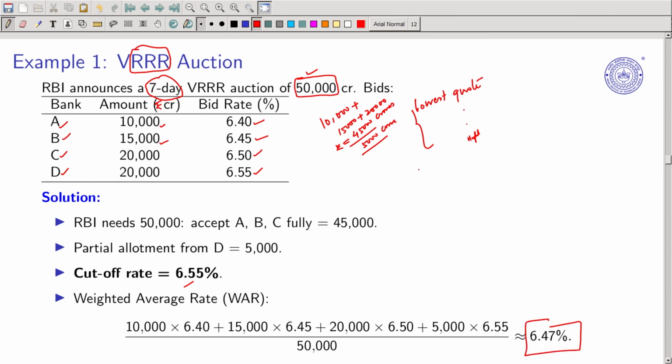This is the weighted average rate for this VRRR. The 10,000 crore demand of keeping money with the RBI for bank A will be accepted because it is quoting the lowest, then 15,000 at 6.45, and third 20,000 at 6.50.